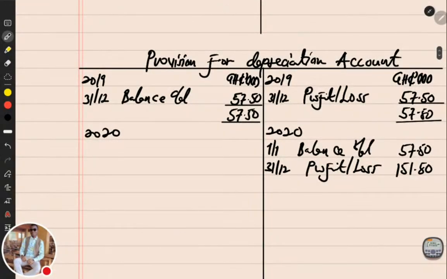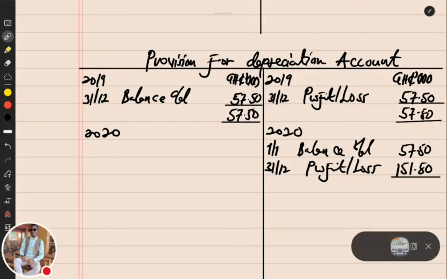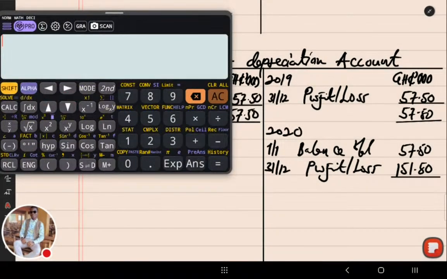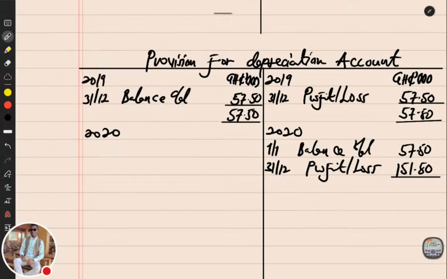So we just have to close our account and then do the total balancing. What do we get? Realize that here the credit side is greater than the debit side by the total plus 151.5. We get 209.00 as a total. Similar thing coming up here, 209.00 as a total.